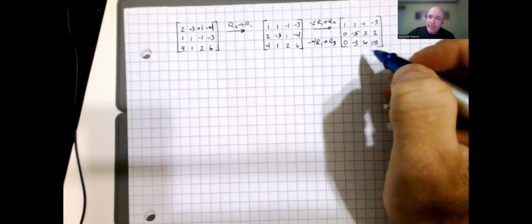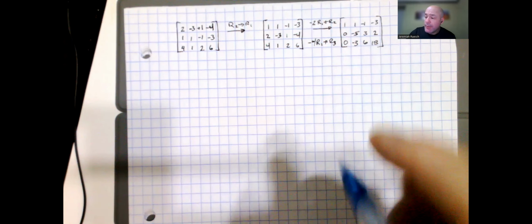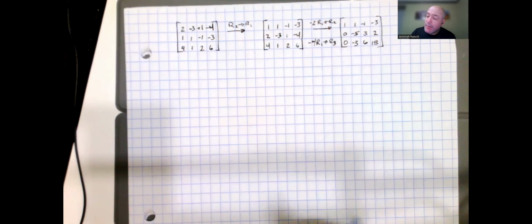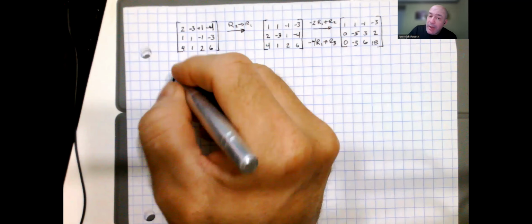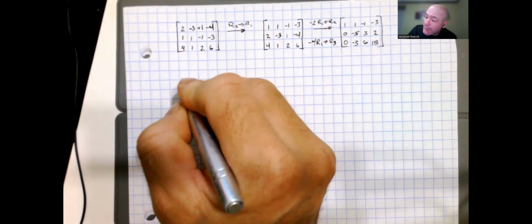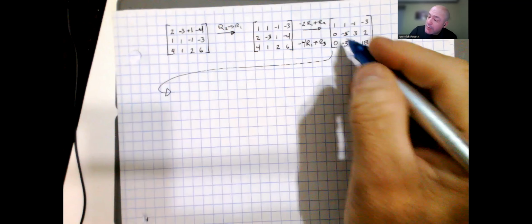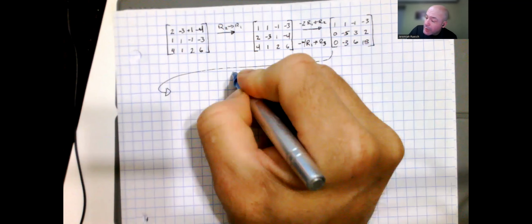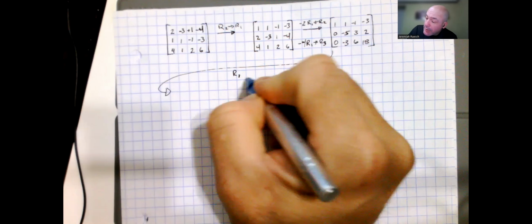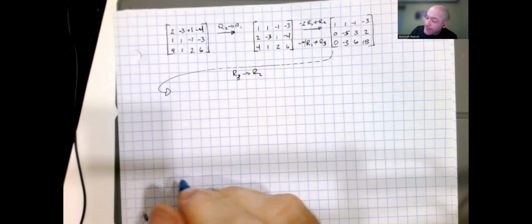So if you see a common factor, you can switch the rows, and that reduces the chances for errors when you don't have to include fractions in your calculations. So coming from here to here, I'm just going to exchange row 3, and it's going to become row 2. Okay.